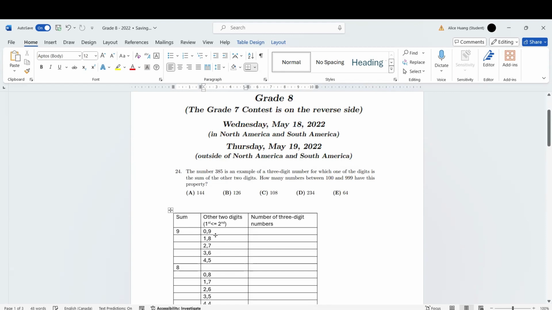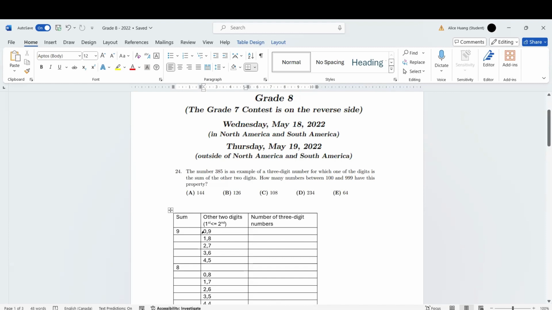Now, the second step is to see how many three-digit numbers we can make for each of these combinations. For example, for the sum of 9, with the two digits 0 and 9, we can have 909 and 990, two three-digit numbers.